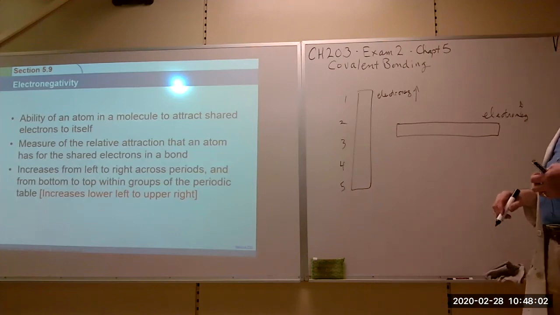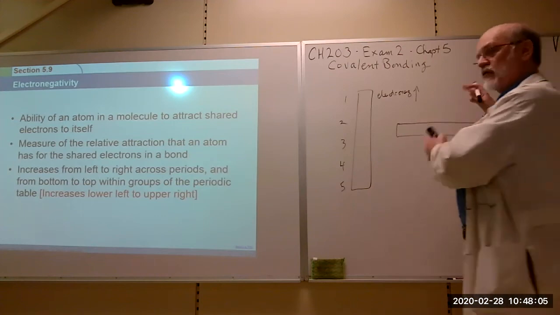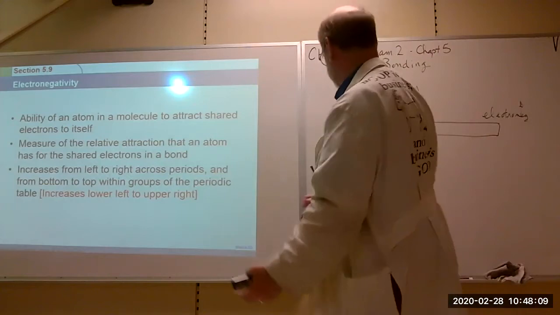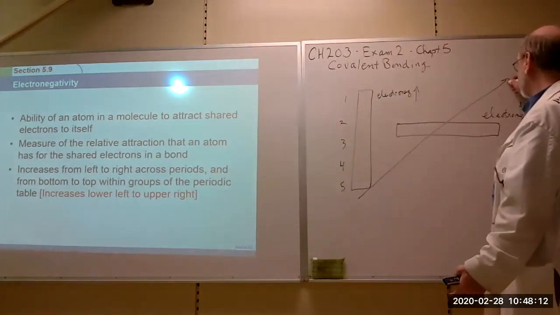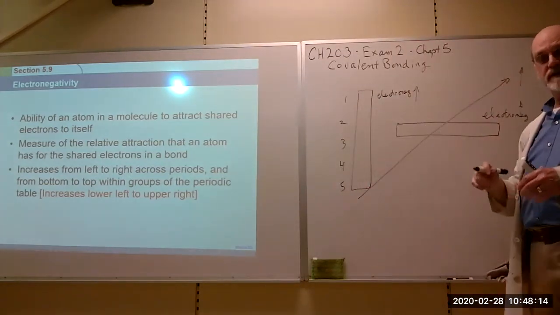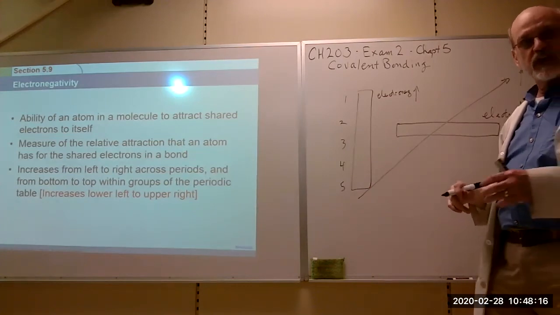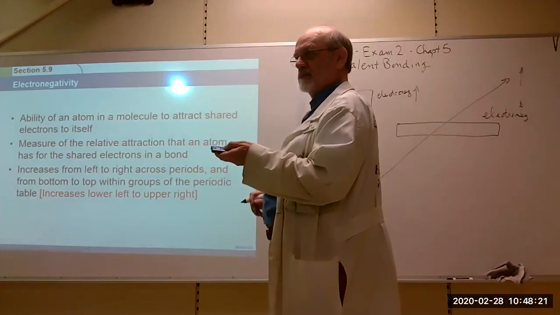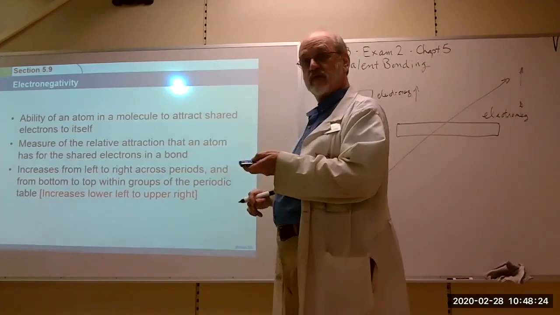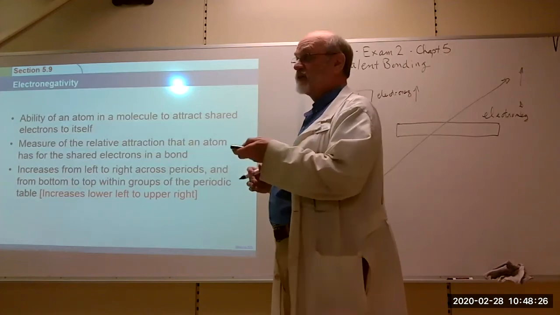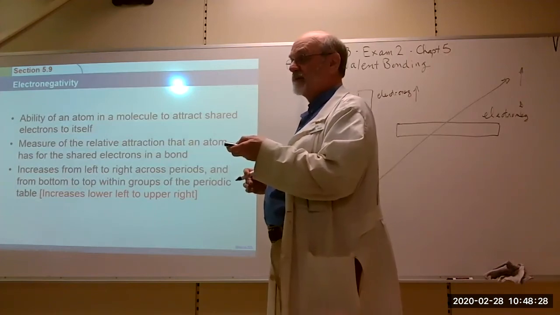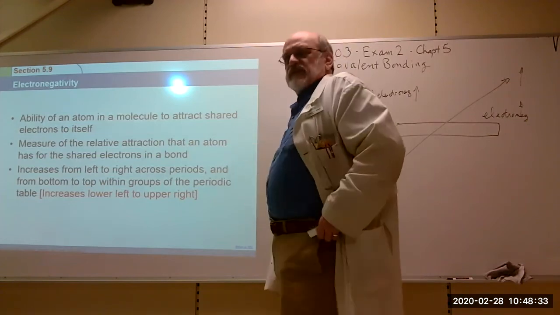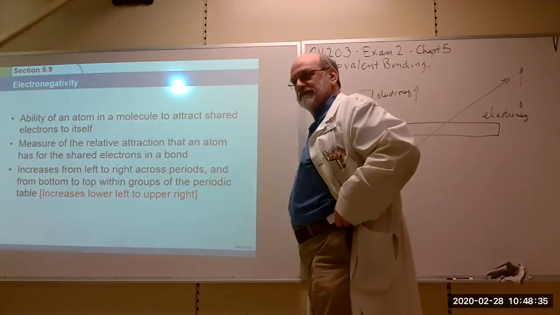Okay? So that means when you combine those two over the whole table, lower left to upper right, increasing electronegativity. So the lowest electronegativity is way down there in the lower left-hand corner. And the highest electronegativity, or the strongest attraction to electrons, is way up here, fluorine. These guys don't count. We don't even consider noble gases in this calculation.